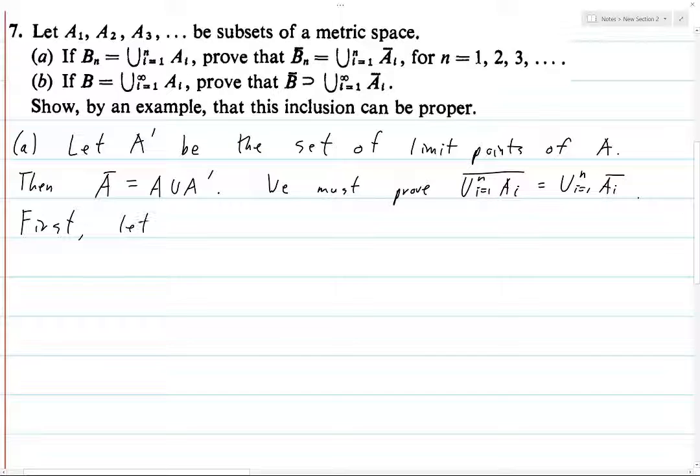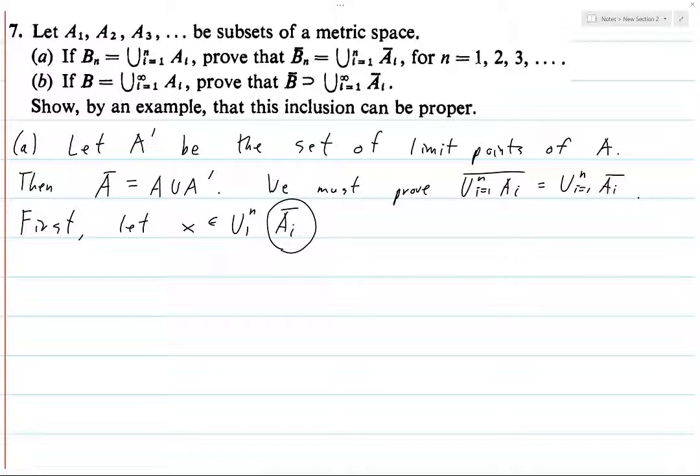First, let x be in the union from 1 to n of A_i. This is a little bit shorter notation. I'll write i equals 1 to n just to be super clear, but sometimes people will just write 1 to n, since the only thing you see in there that is typically used as an index is lowercase i.